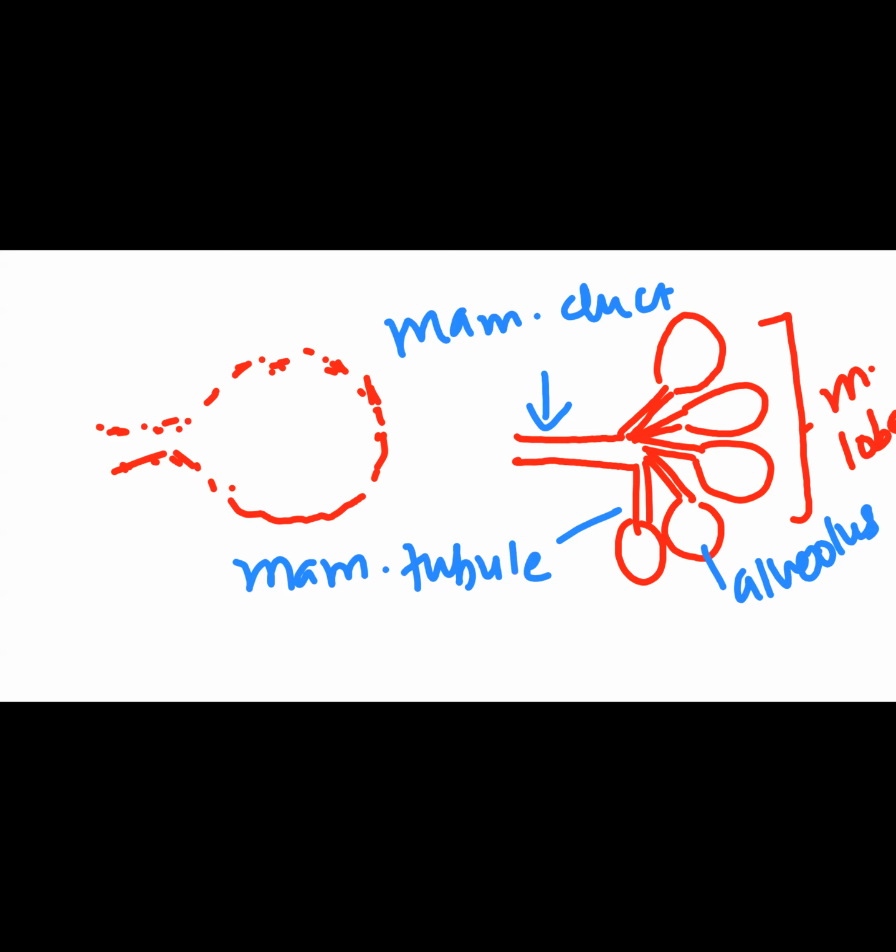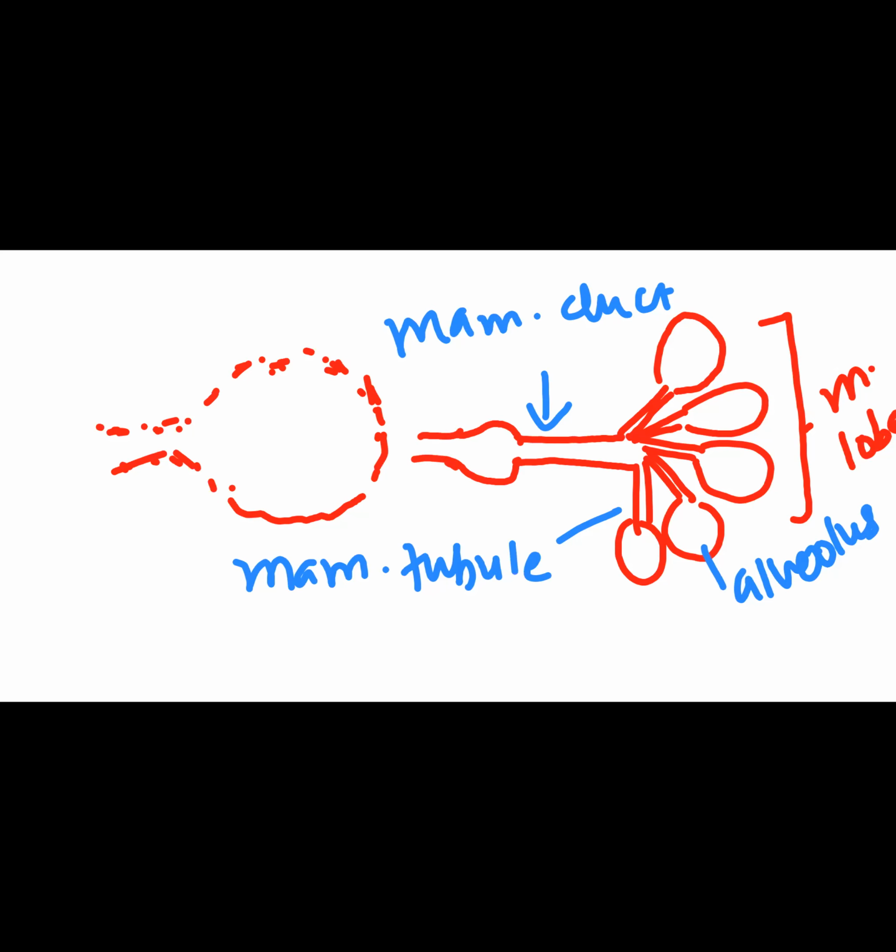Each alveolus has its mammary tubule. All these mammary tubules of alveoli in the same mammary lobe join to form the mammary duct. This mammary duct, at a certain distance, possesses an enlarged structure, which is called a mammary ampulla.